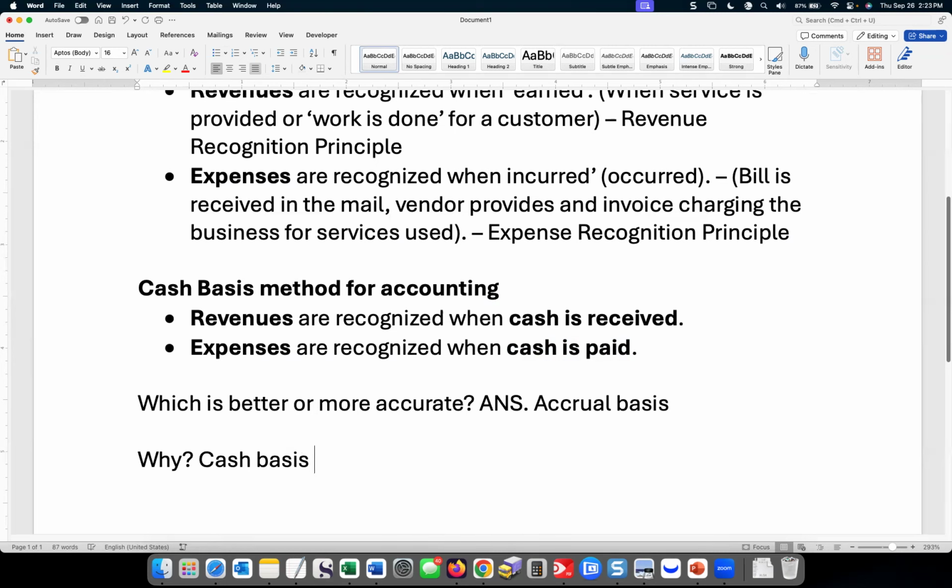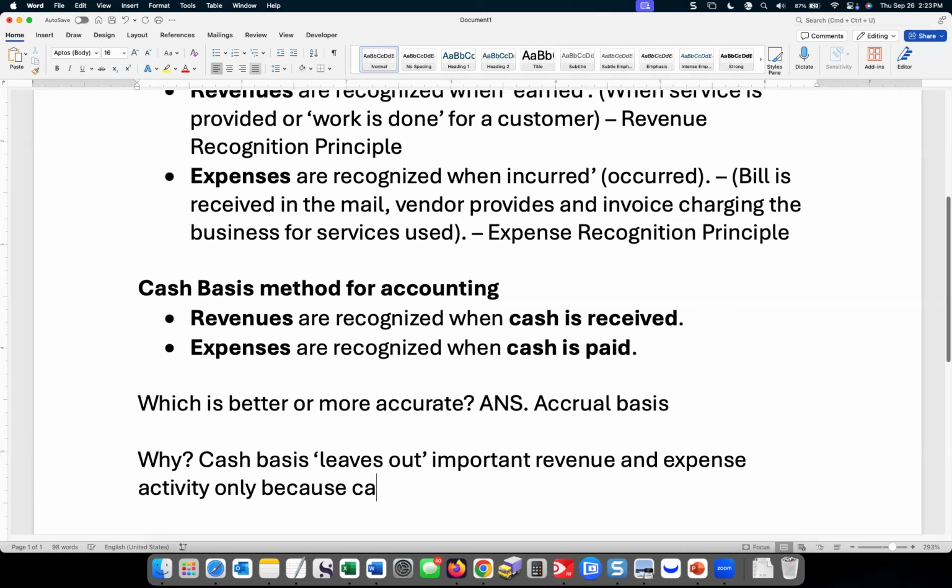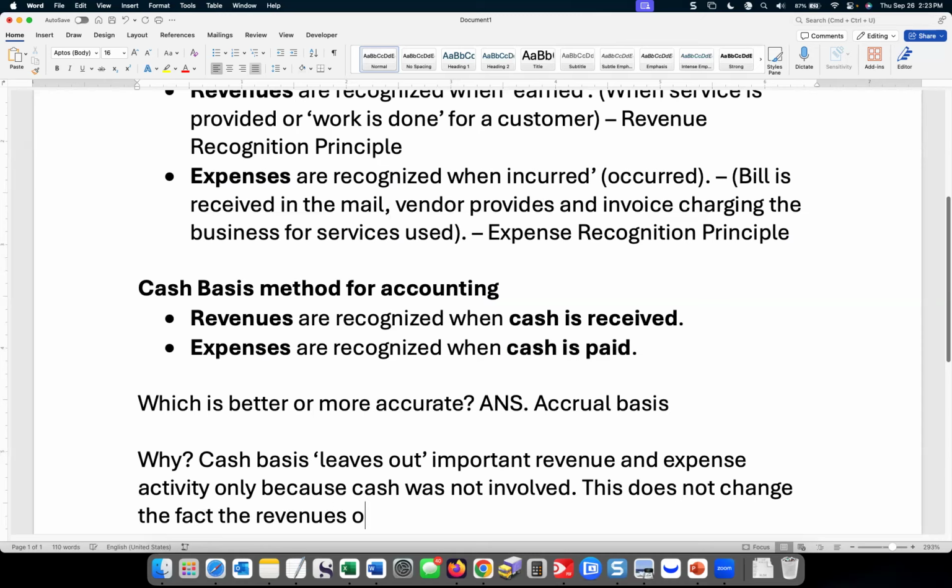Cash basis leaves out important revenue and expense activity only because cash was not involved. This does not change the fact that the revenues or expenses have occurred. They have.